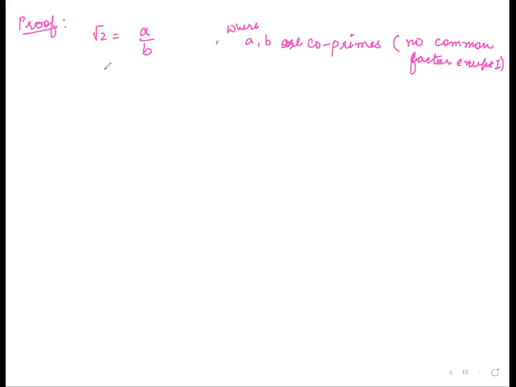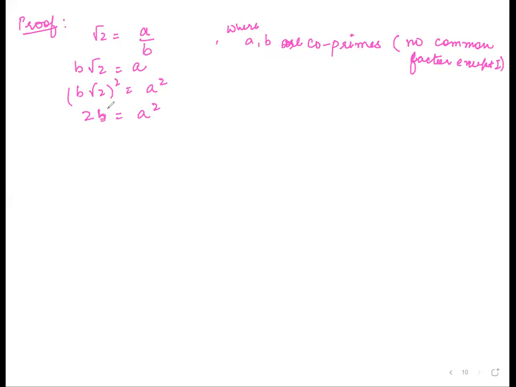Okay, so till here we have done. Now you just do cross multiplication. So b into root 2 is equal to a, right? If I square both sides, 2 b square is equal to a square. Now, my a square is equal to 2 times b square.